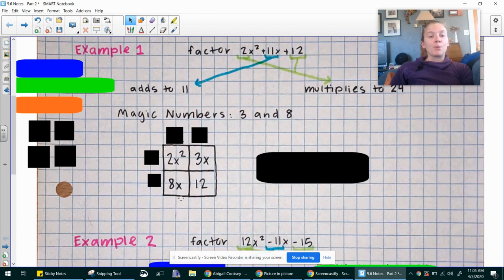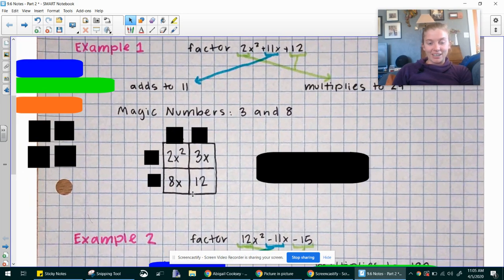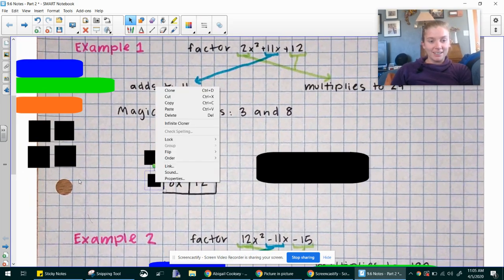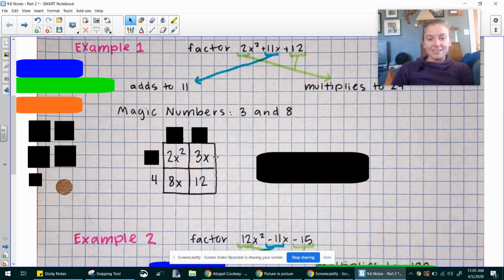So let's start at the bottom and work our way up. 8x and 12 have a greatest common factor of 4. 2x squared and 3x have a greatest common factor of x. 2x squared and 8x have a greatest common factor of 2x. And 3x and 12 have a greatest common factor of 3.